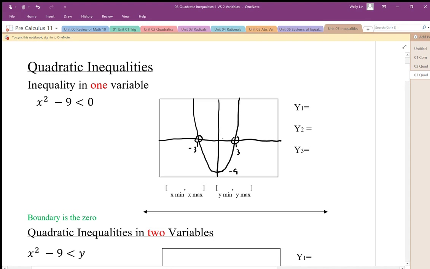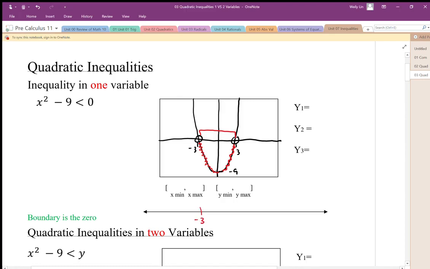Between -3 and 3. Well, if I am looking for less than, I'm looking at this part of the graph. Since it's a one-variable inequality, it's a one-dimensional solution along the x-axis, and the solution is going to be from -3 to 3.